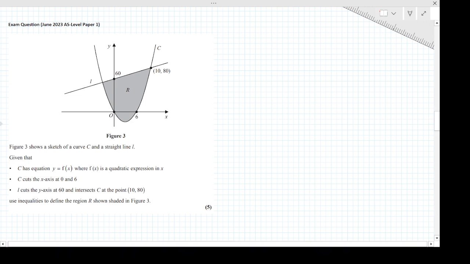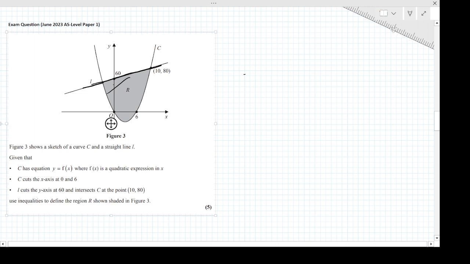So firstly, we have the line. Again, think about it. Is the region below or above the line? It's below the line, isn't it?